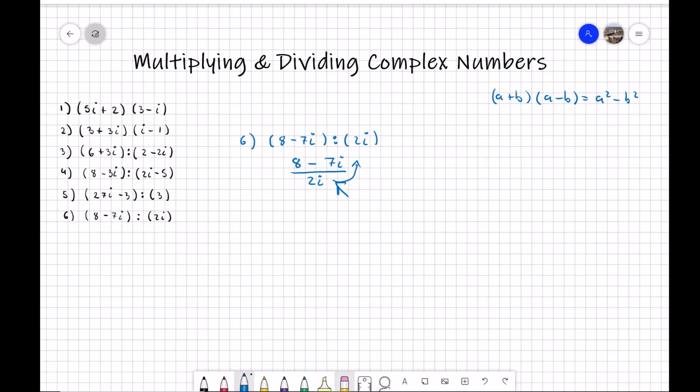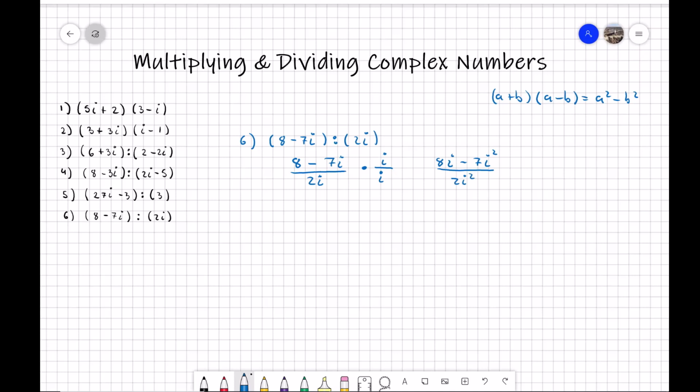All right, so let's see. We want to make the i disappear, so all we have to do is multiply it by another i, right? If we multiply it by another i, that's gonna become i squared and it's gonna disappear. All right, so at the top we're gonna end up with 8i minus 7i squared over 2i squared, right?